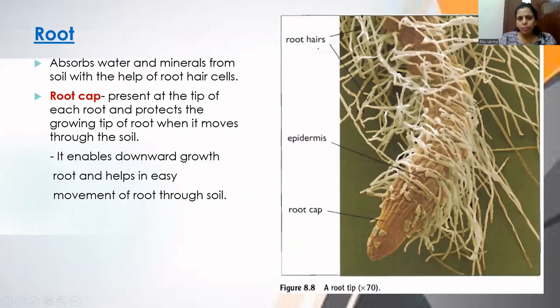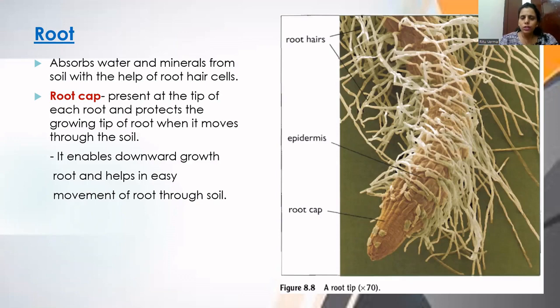Now we all know that plants have a very important organ called the root, and they also have the shoot. As we have all studied in lower grades, plants have a root system as well as a shoot system. The root system is present under the soil, isn't it?